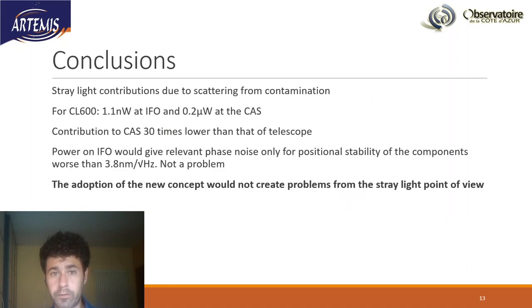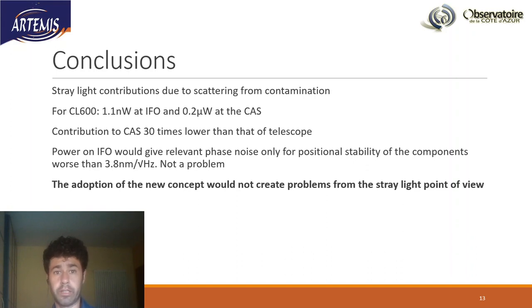The result from the worst case scenario is that we have 1.1 nanowatt at the interferometer and 0.2 microwatt at the CAS. Concerning the CAS, we can say that this power value is 30 times lower than the stray light coming directly from the telescope, and so it's not a worry.